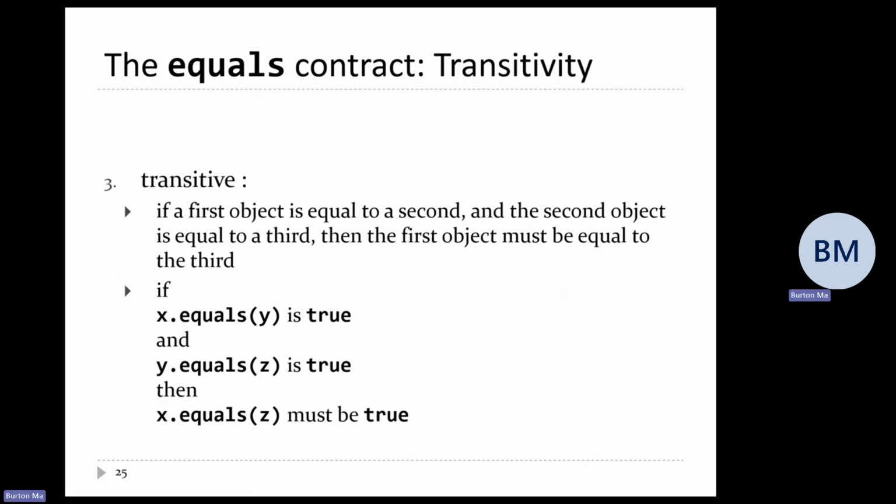Transitivity simply means that if you have 3 objects, the first 2 think they're equal, and the second 2 think they're equal, then the first and the third are also equal. So if x equals y is true and y equals z is true, then it must be the case that x equals z is also true.